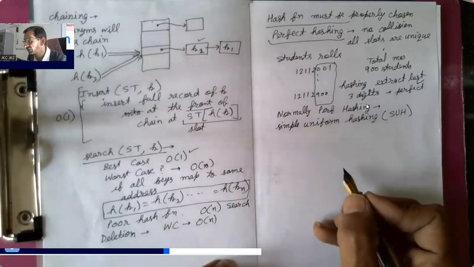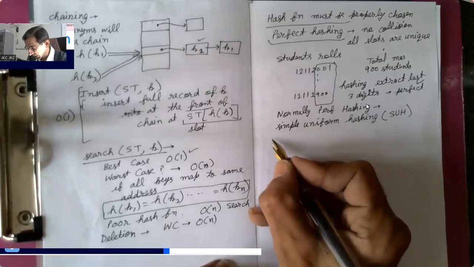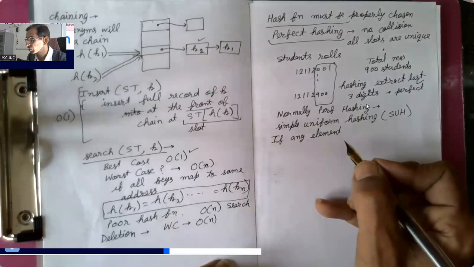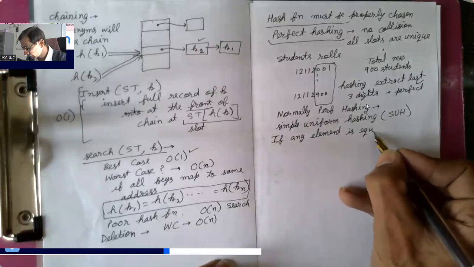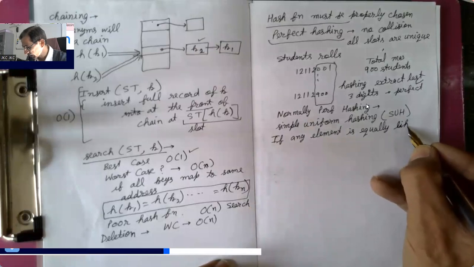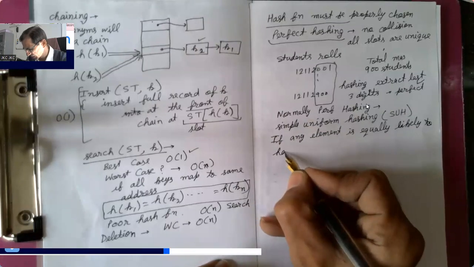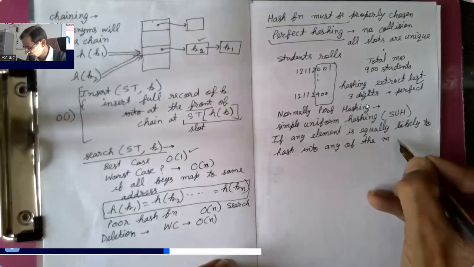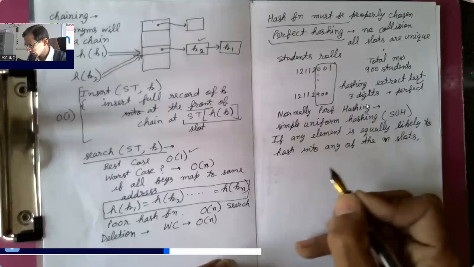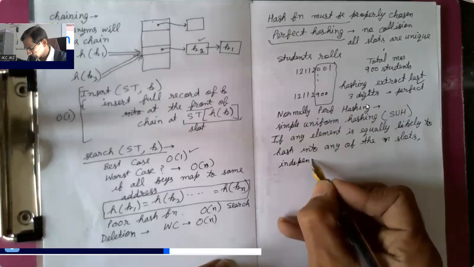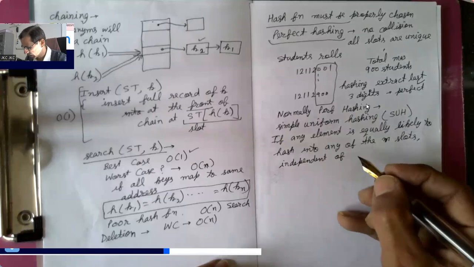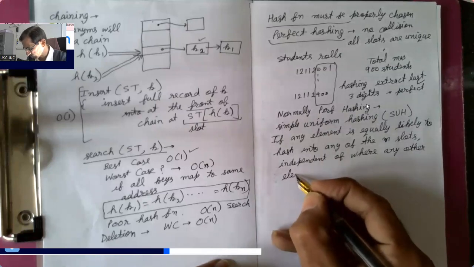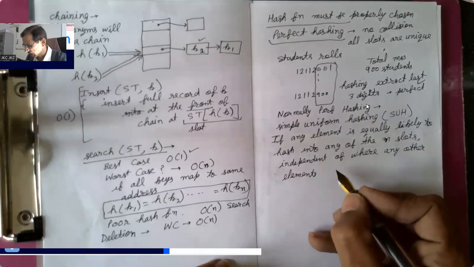What SUH means is that any element which I am trying to store, or any key, is equally likely to hash into a slot which is any one of the M slots, irrespective of, or independent of, where any other elements or keys have been hashed or stored.